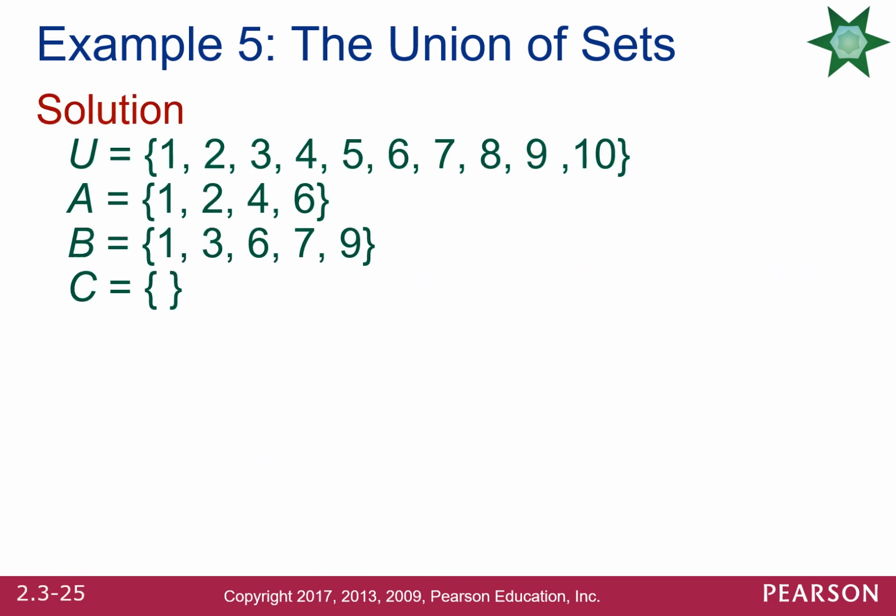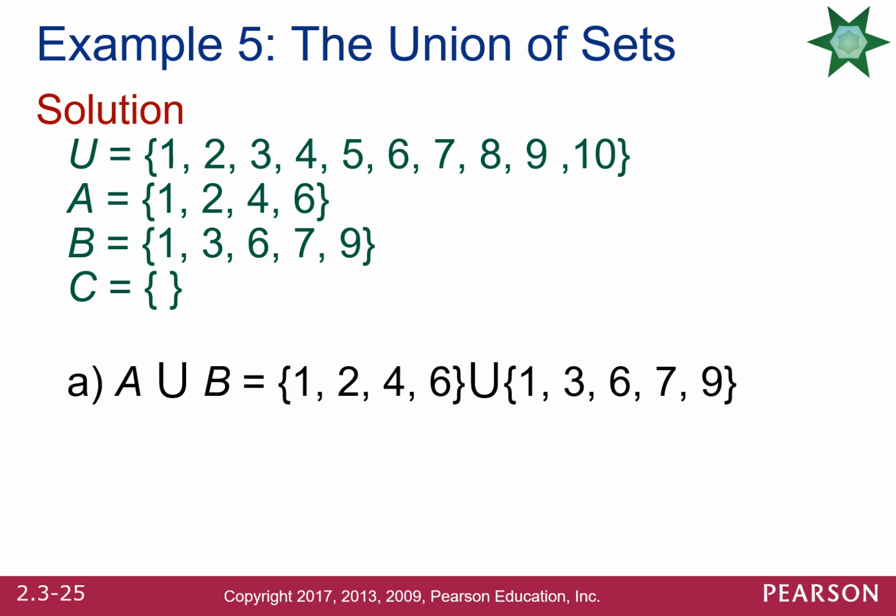Now let's look at the solutions they have given us and see if they match with what we got when we worked them out. For the first one, it was just A union B. They listed all the elements of A with all the elements in set B as well, and they are taking the union of both sets.